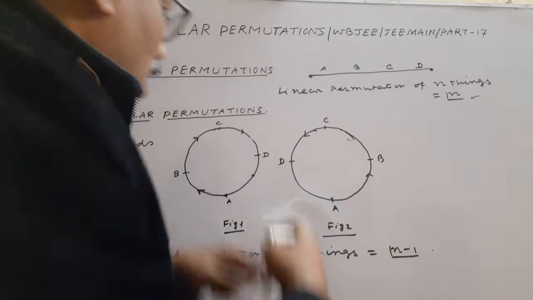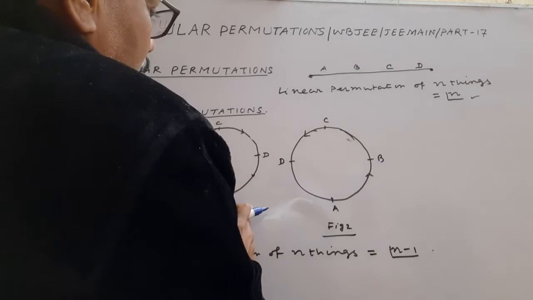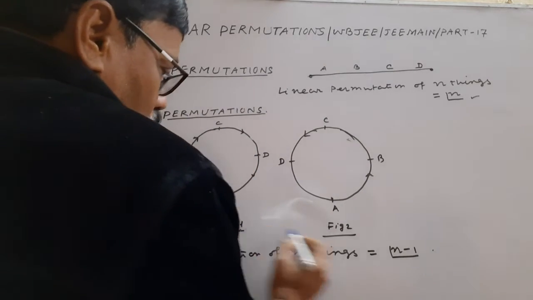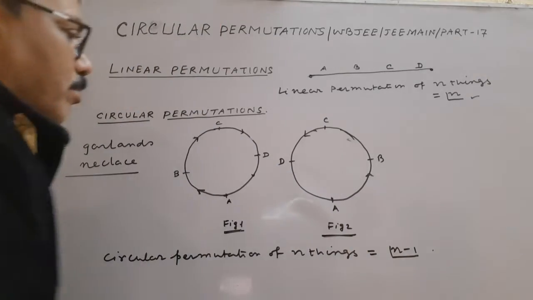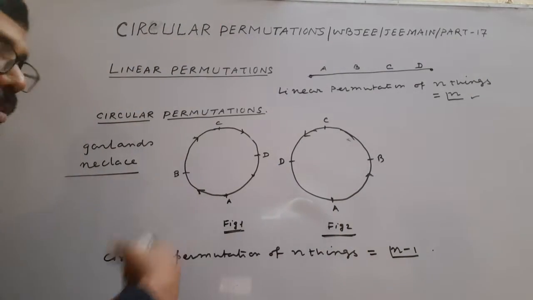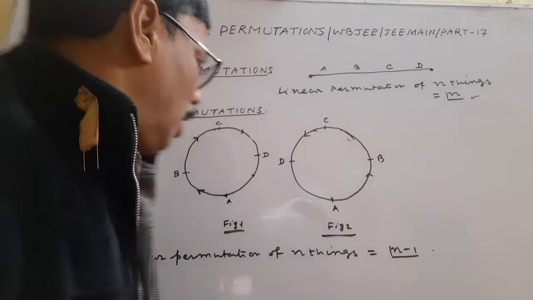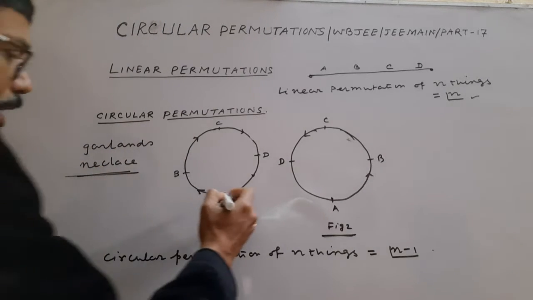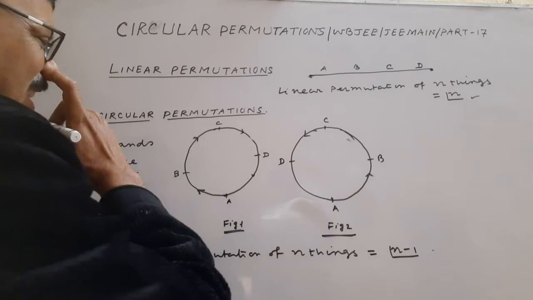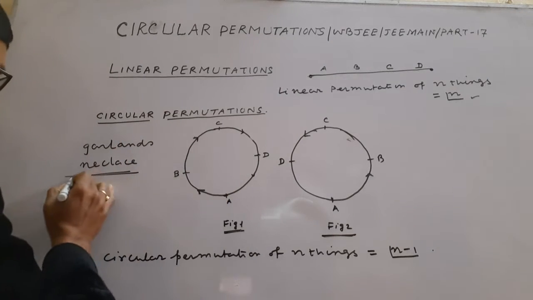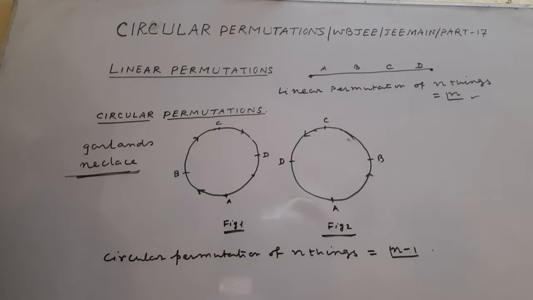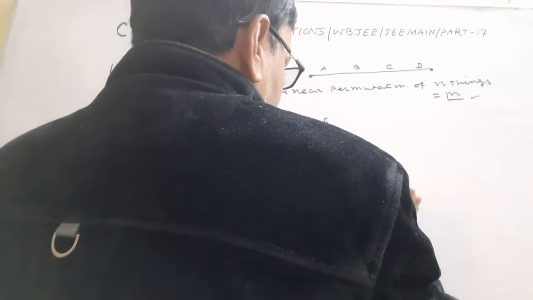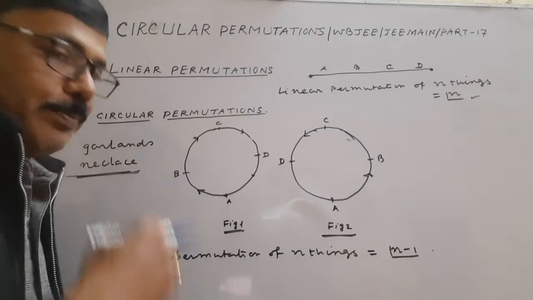If we turn the garland over, then we see that figure 1 and figure 2 will be the same if we reverse it. Similarly, in case of a necklace, suppose there are 4 beads A, B, C, D. So you are getting a necklace having 4 beads, and here also you are getting a necklace in clockwise direction.